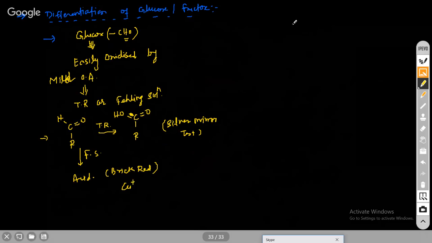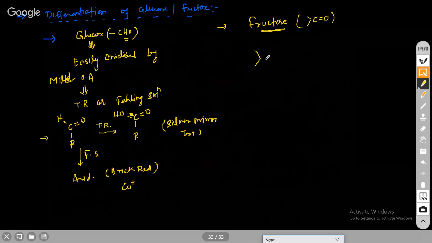But if you talk about fructose here, if you remember, ketone does not give this reaction with Tollens' reagent and Fehling's solution test, right? Since in fructose, the primary functional group is ketone.